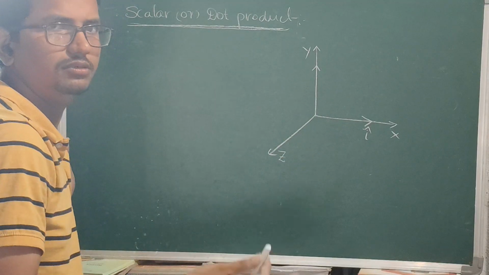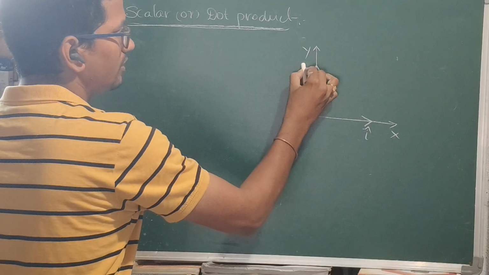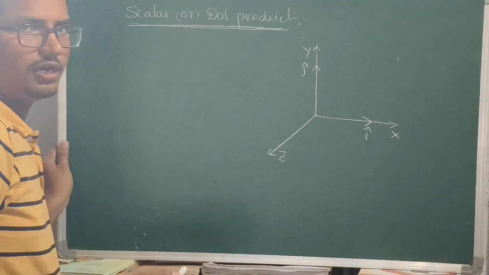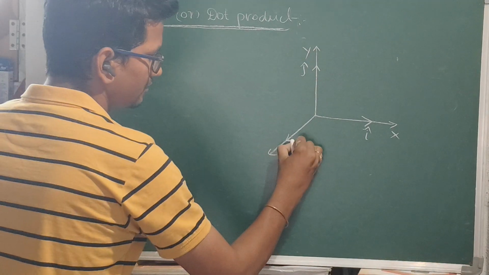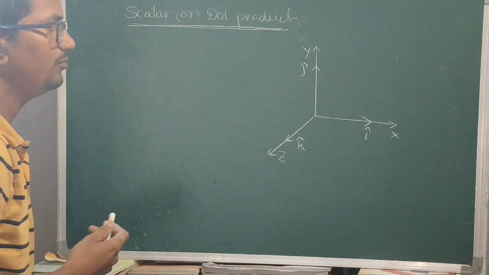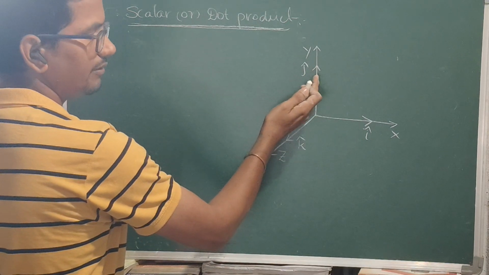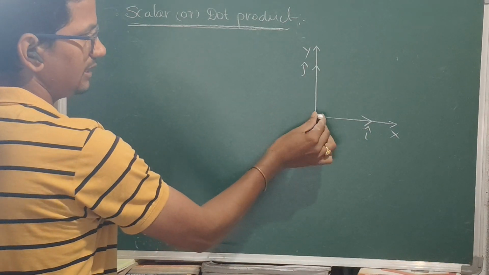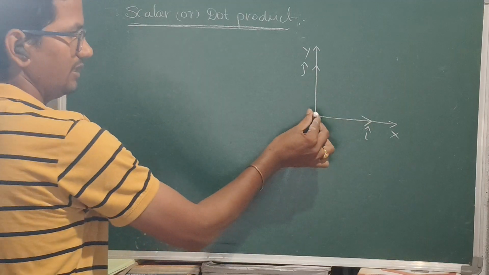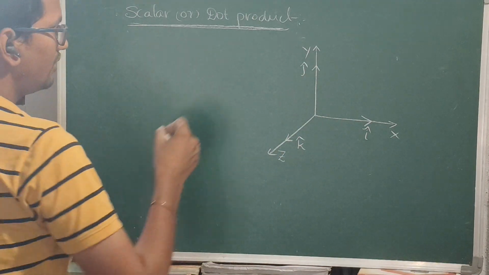You can look at that video first, and after that you can see this video. Without knowledge of that video, you can't understand this. Then the z-axis direction is k cap. Those vectors are mutually perpendicular to each other. The x-axis and y-axis are perpendicular, and the y-axis and z-axis are perpendicular. That's why on the board we can show it like this.